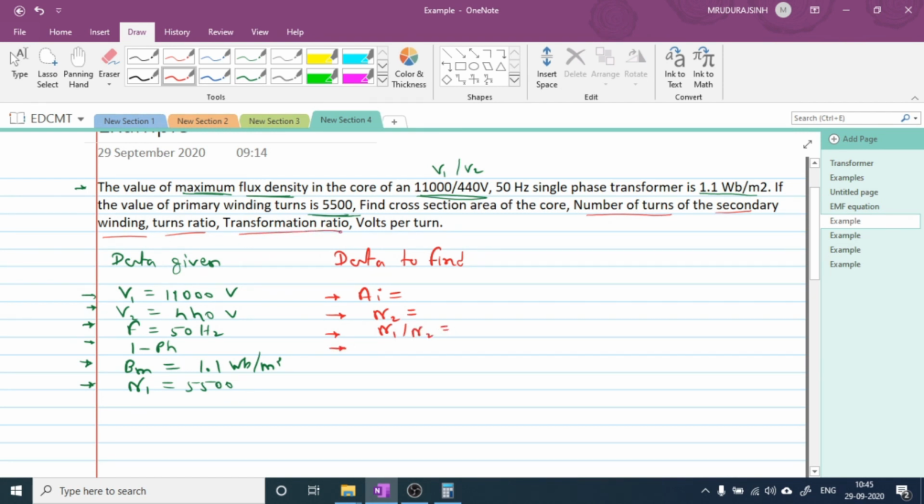Then transformation ratio, which is V2 by V1. And volt per turn. So these 5 quantities we need to find. Let's start with the solution.